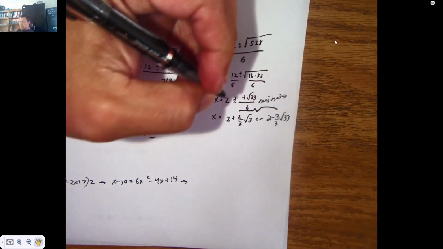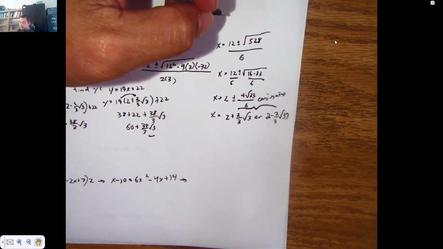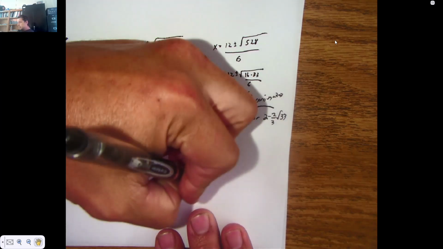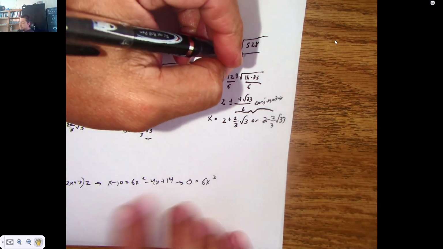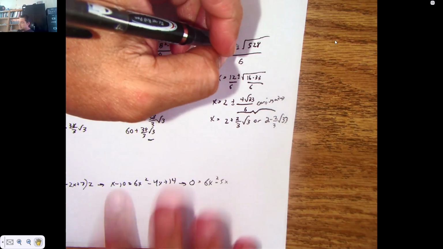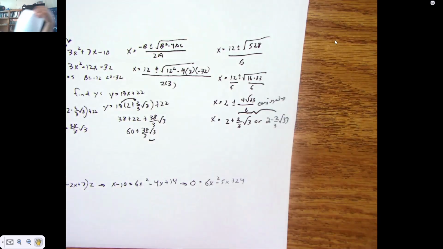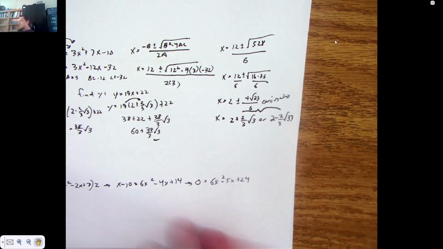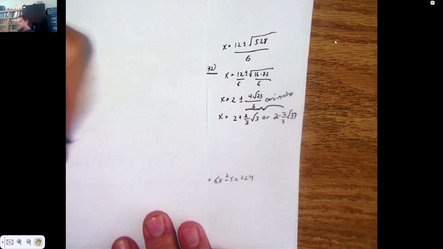Now I'm going to shift everything over to the right, so I have 0 on the left and my x squared stays positive. Negative 4x minus x is negative 5x. And 14 plus 10 is 24. I don't have a lot of writing room here, so I'm going to think about if this factors.